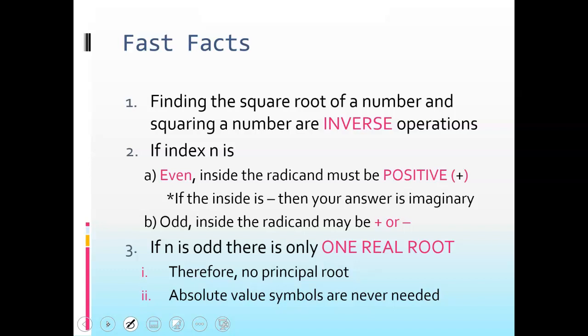We can take the nth root of negative numbers if the n is odd. If n is odd, there is only one real root.